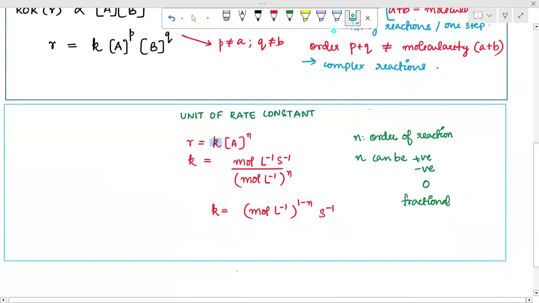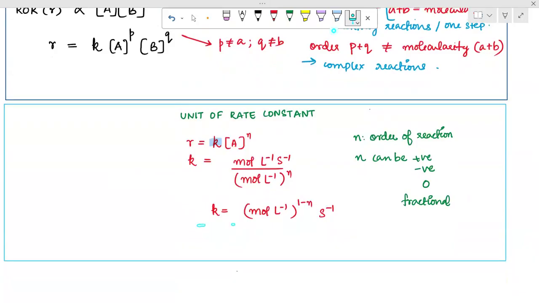Now on day 3, or session 3, we discussed the different units of the rate constant, and this is the general formula, where n is the order of the reaction. Now, the order of the reaction can be positive, negative, zero, or fractional as well. So this is where we stopped our discussion.